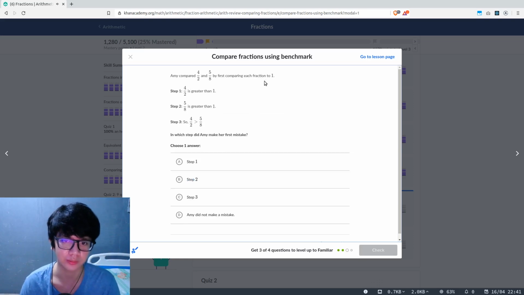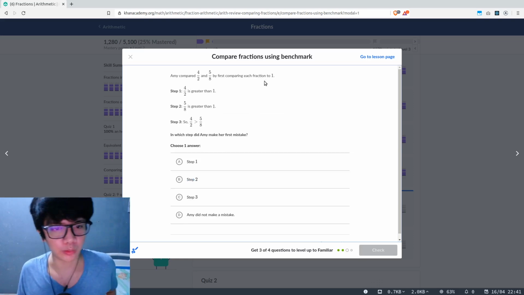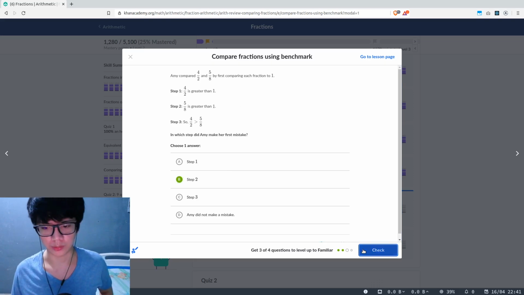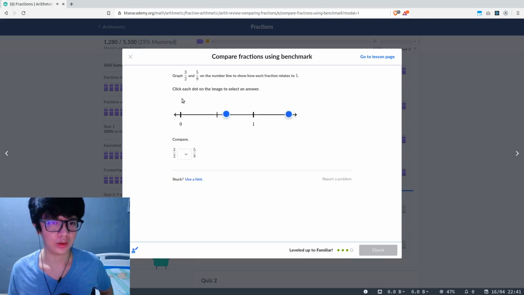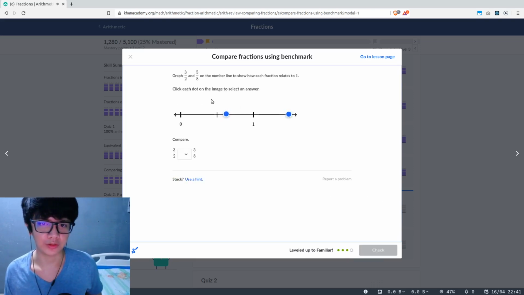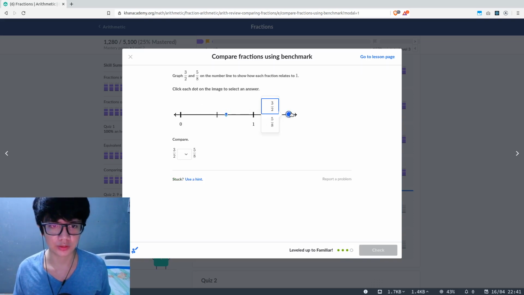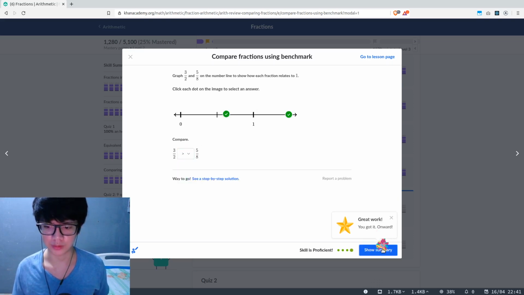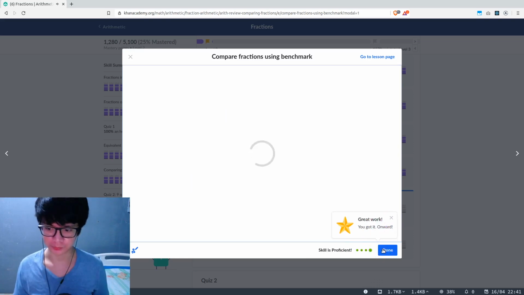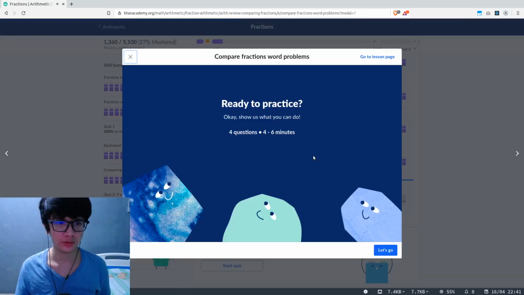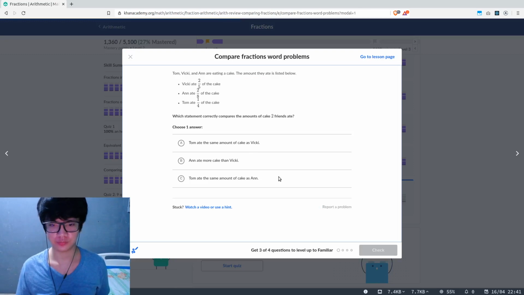It's greater than 1, correct? 5/8 is not greater than 1. Graph 2/3 and 5/8. This is 5/8 and this is 3/2. So 3/2 is greater than 5/8. Got it. Onwards.